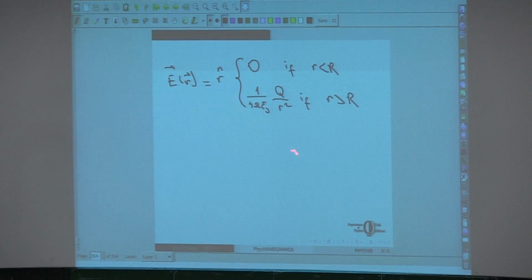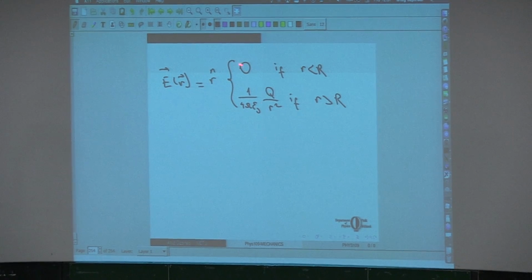If you look at this expression, outside the shell it is nothing but the electric field of a point charge. If you are an outside observer, you will not distinguish a spherical shell from a point charge. Inside, of course, it behaves completely differently. It's not a point charge. But outside the shell, the electric fields created by a shell and a point charge are identical, as long as you identify this r as the distance from your point charge.